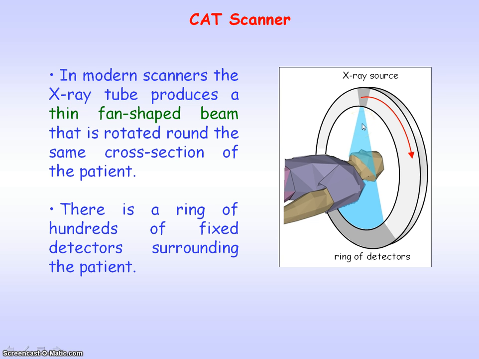So the X-ray tube produces a thin fan-shaped beam of X-rays which passes through a thin cross-section of the body, and this X-ray tube is rotated around the patient, obtaining an image each time, and this is a ring of detectors that detect the X-rays that have passed through the same cross-section of the body.